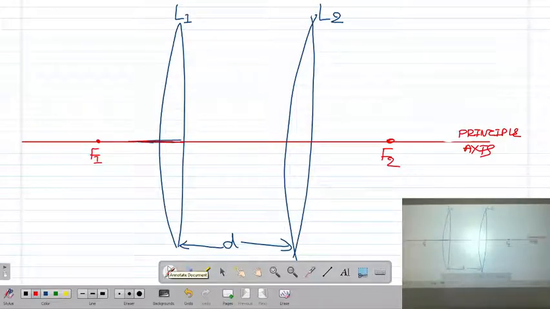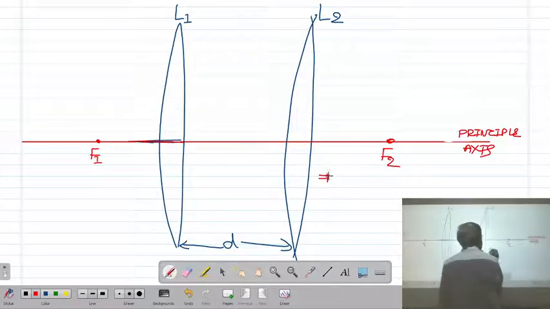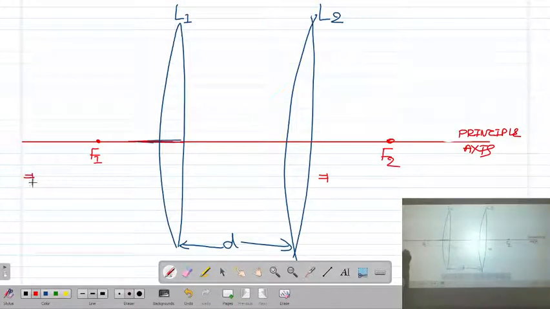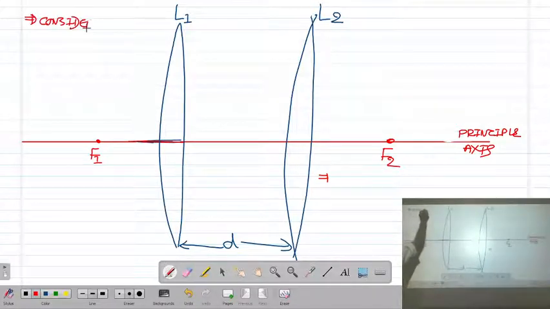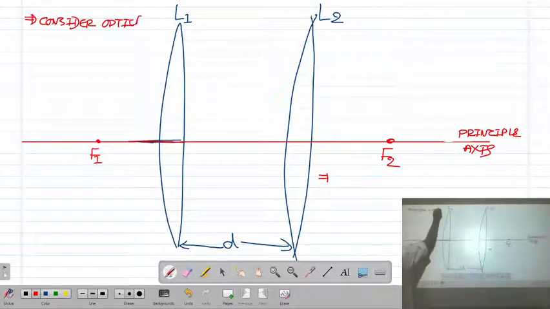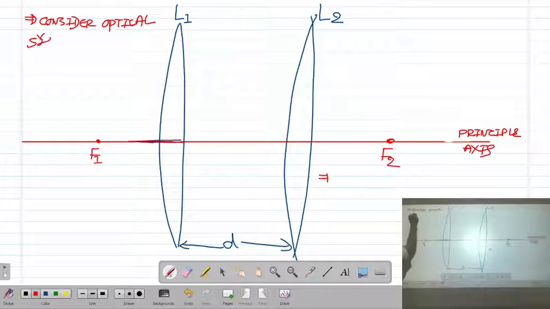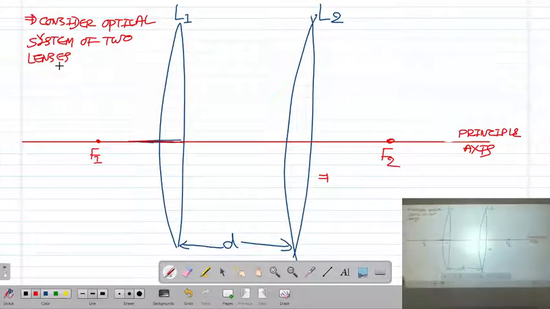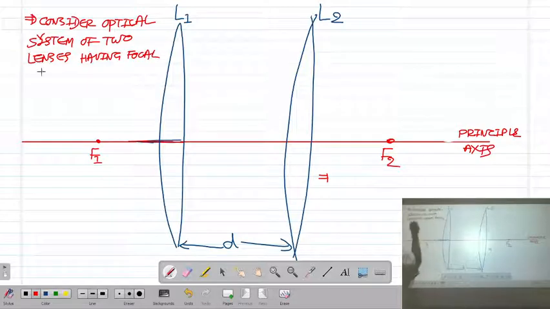Please write: consider an optical system of two lenses having focal points F1 and F2.